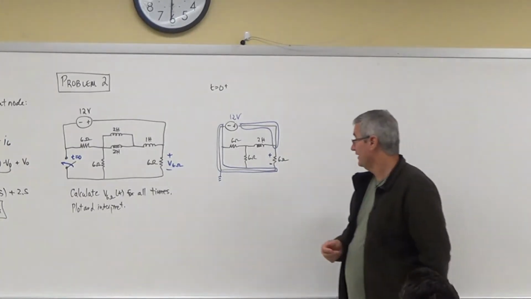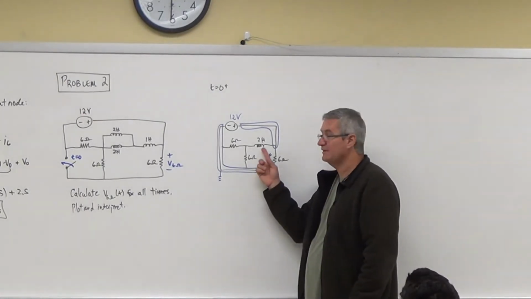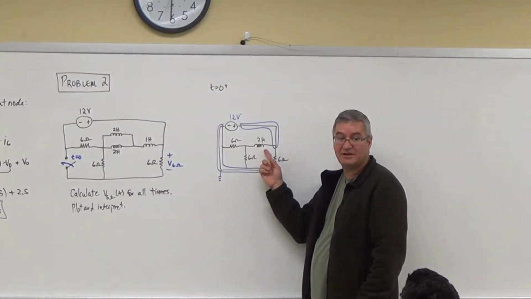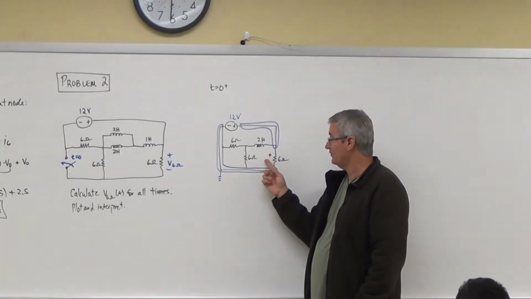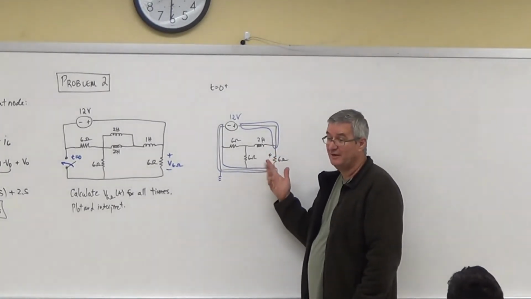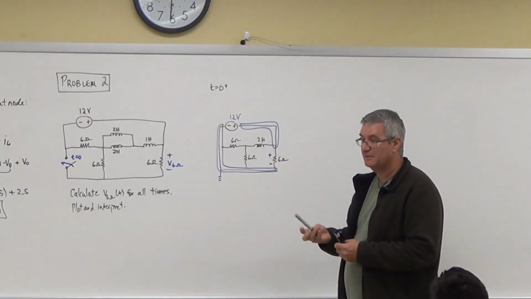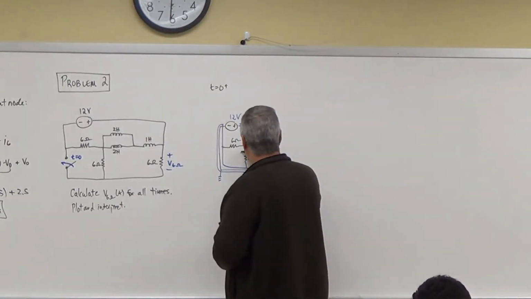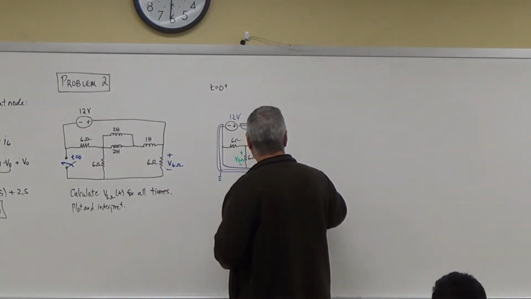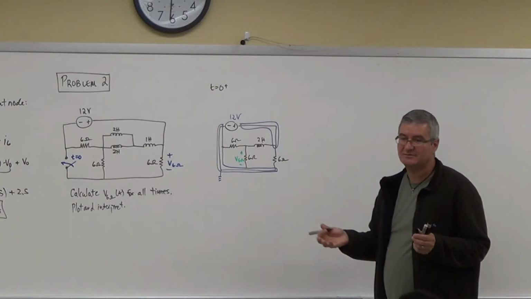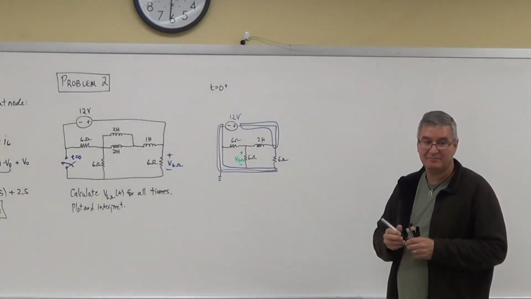I guess we could calculate the current, and when I solve for this thing, it better give me 12 volts. But let's change the problem just a little bit. Let's say that we want to calculate this V6 right here. Because it's 12 volts, we don't have to calculate anything.